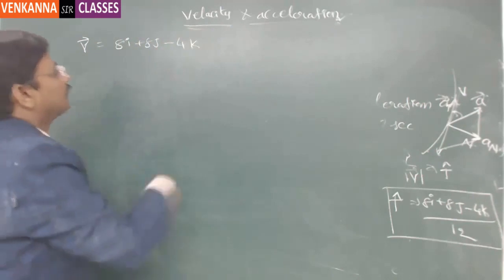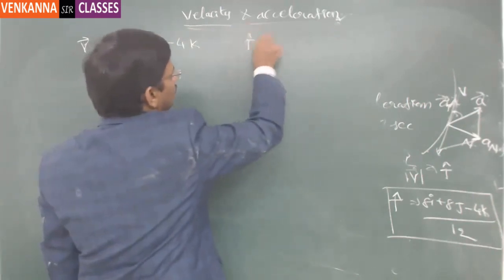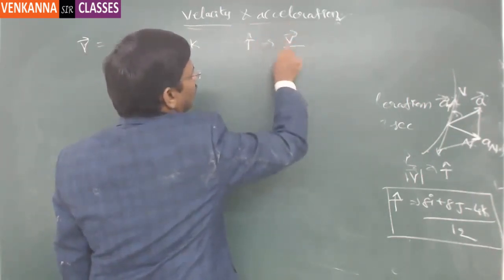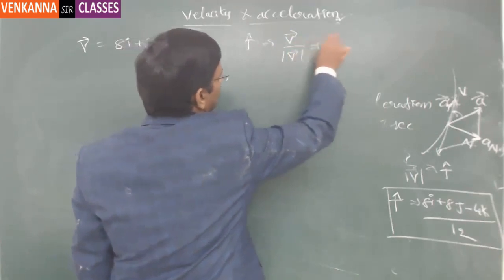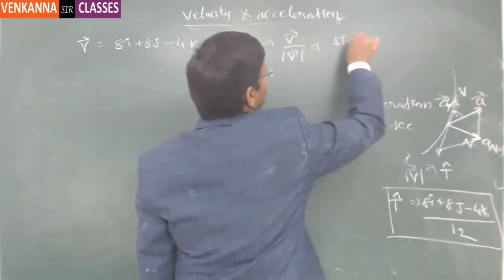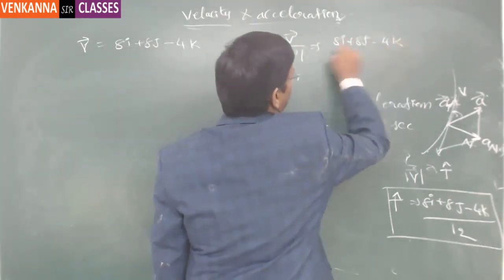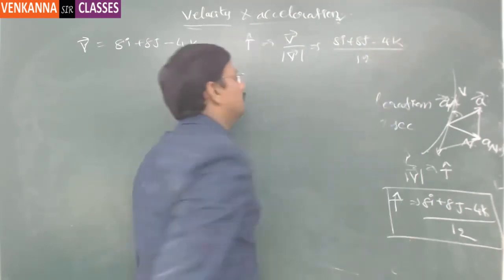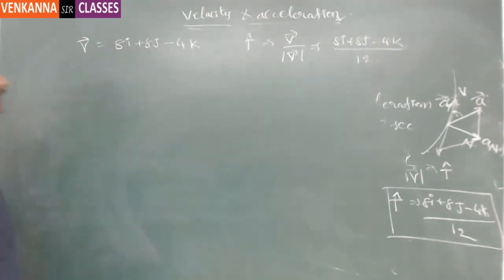So this is V vector, and t cap is nothing but V bar divided by mod V. So this is coming as 8i plus 8j minus 4k divided by 12. So this is the tangential vector or t cap.